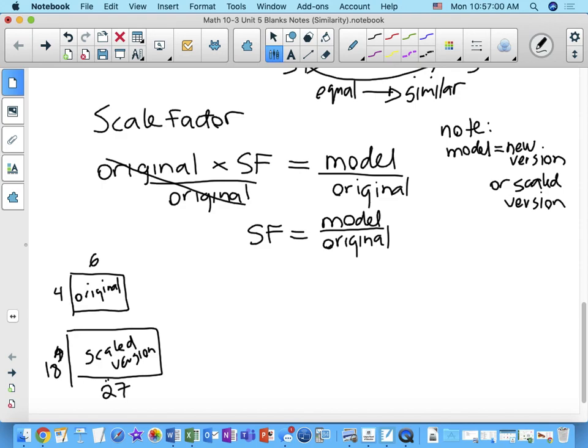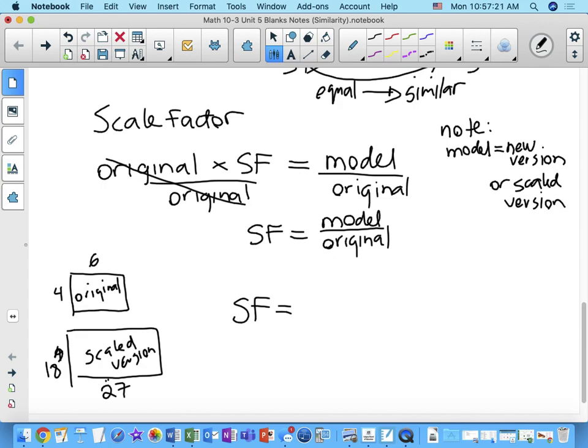To get the scale factor, you have to take a pair of corresponding sides, like the length and the length, or the width and the width, and put them into this little equation. So for example, the scale factor is going to be 27 over 6, because we're comparing length and length.